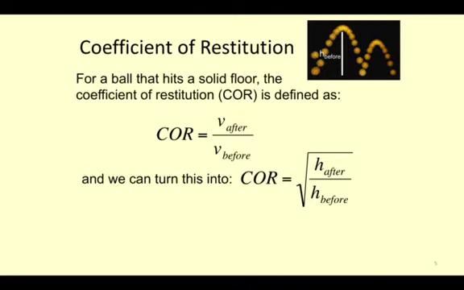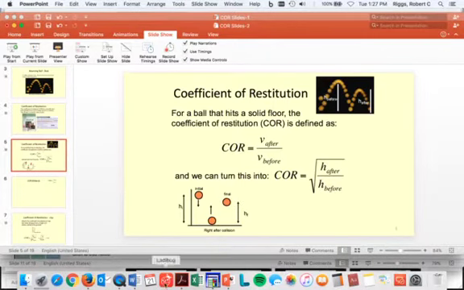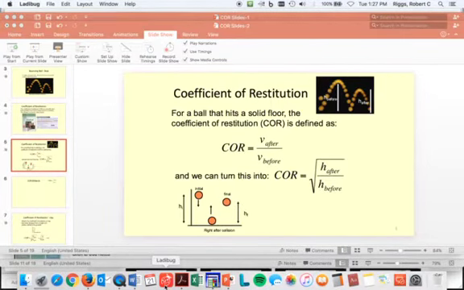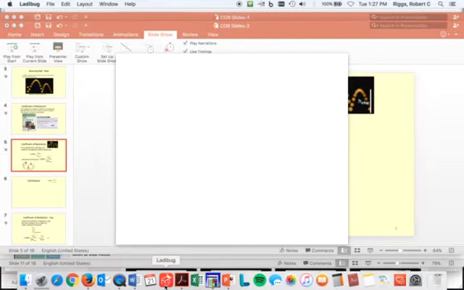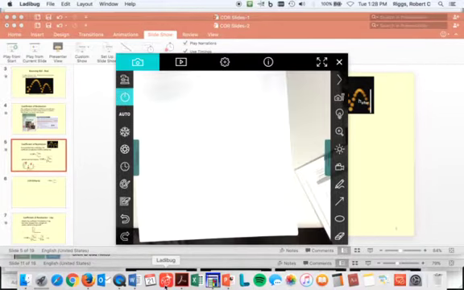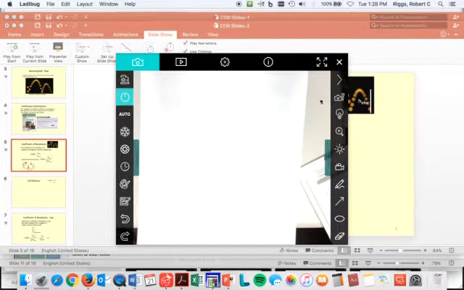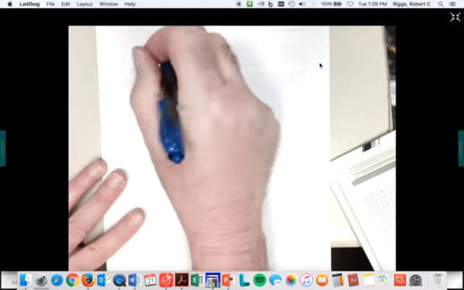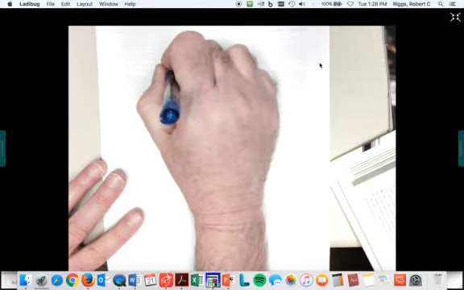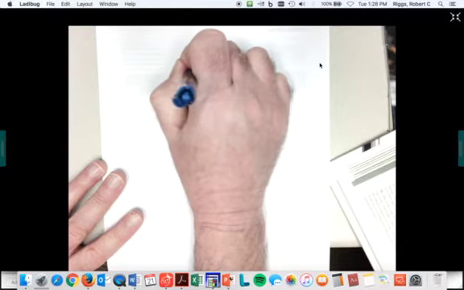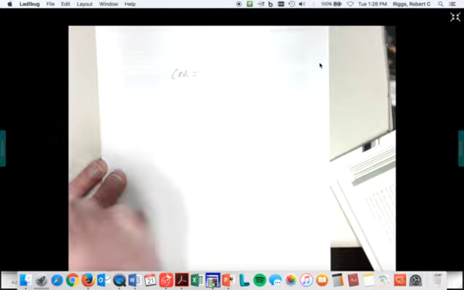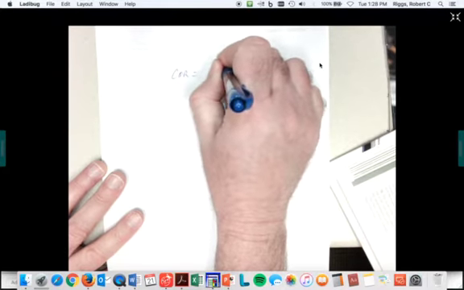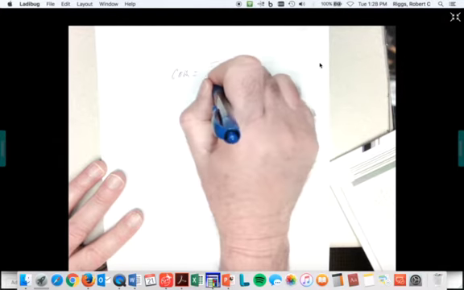One thing I'm kind of excited about, because one thing that I've been remiss in doing, and one of your classmates said, hey, I'm having trouble reading or seeing when you are writing on this thing, even though I've gone to full space here. When I write this, the COR is equal to, now that's pretty small, the square root of the height after, especially when I start writing those little subscripts, equals the height before.